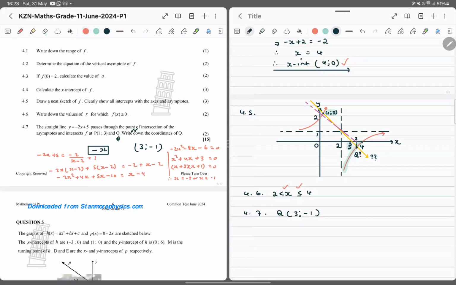God, I made a mistake here. So this was supposed to be plus 8. Okay, that's where the sign went missing, because then the sign here becomes negative now, and this becomes negative.